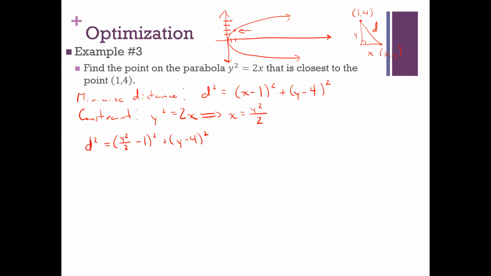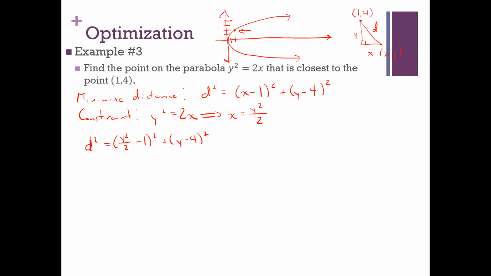Does it need to be squared? So we could take the derivative now, or we could square root the whole thing. I think it's probably easier if I just take the derivative as is.